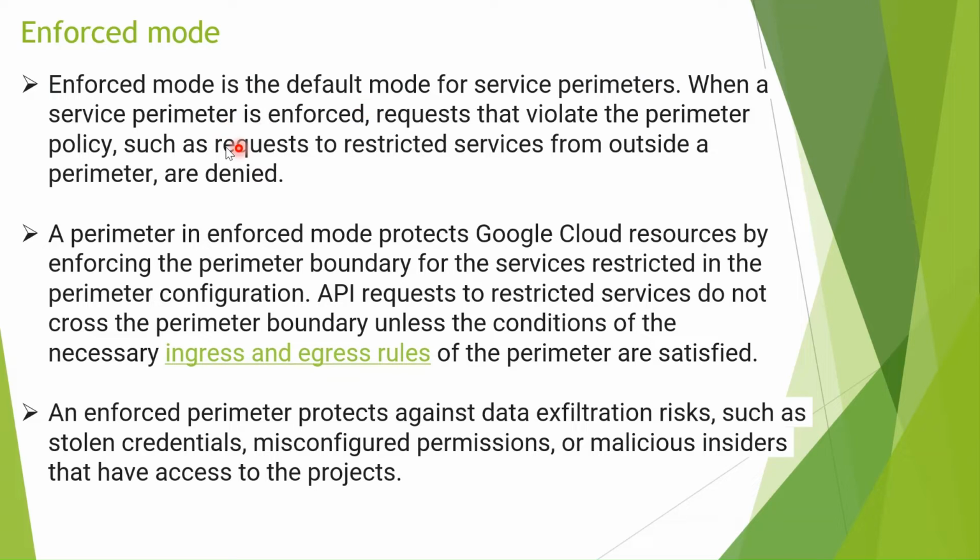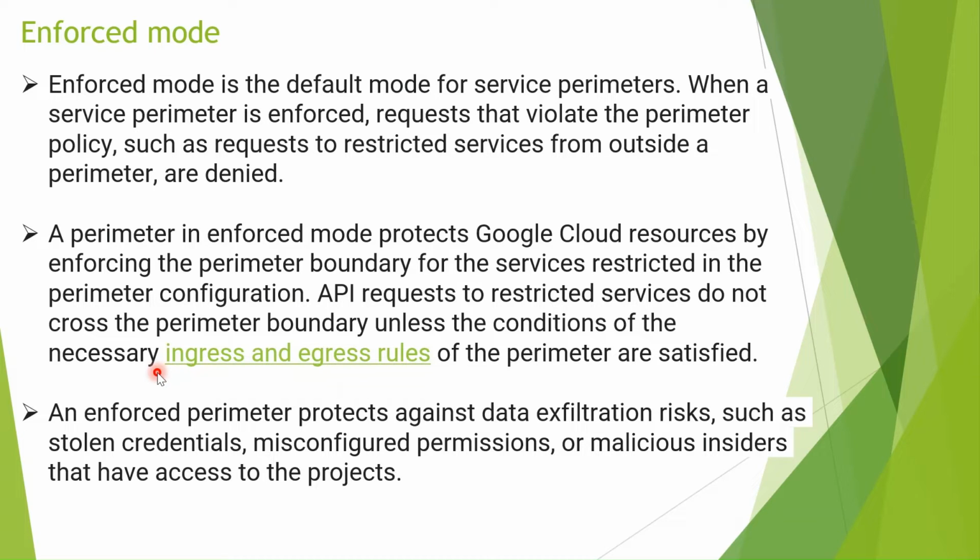When a service perimeter is enforced, requests that violate the perimeter, such as requests to restricted services from outside a perimeter, are denied. And perimeter enforcement protects Google Cloud resources by enforcing the perimeter boundary for a service restricted in the perimeter configuration. Also, we can create ingress and egress rules. We will see how to use these.